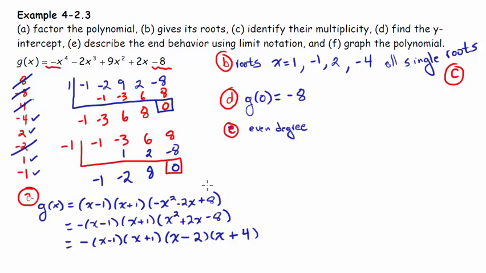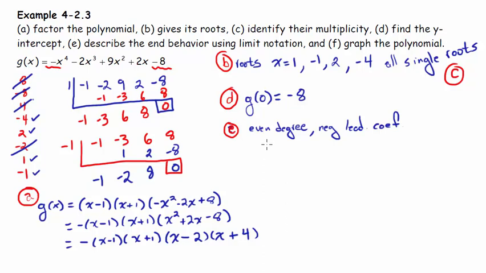So we know both our limits are going the same direction. Now because this leading coefficient here is negative, we know both of those ends are going down.